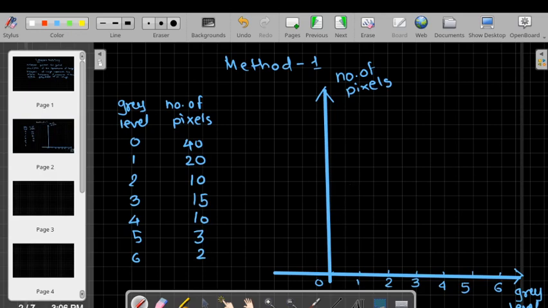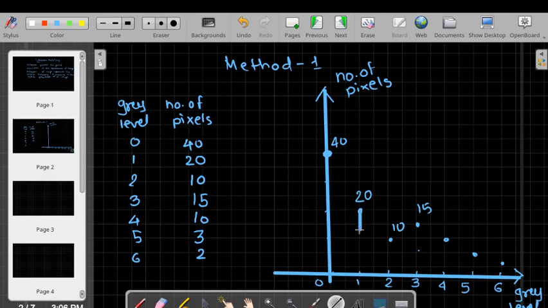Then we can plot. For gray level 0 we have a total of 40 pixels. So this is the way. This is for 20 pixels. Here are 10 pixels. Here are 15 pixels. Then the next ones are 10 pixels, 3 pixels and 2 pixels.